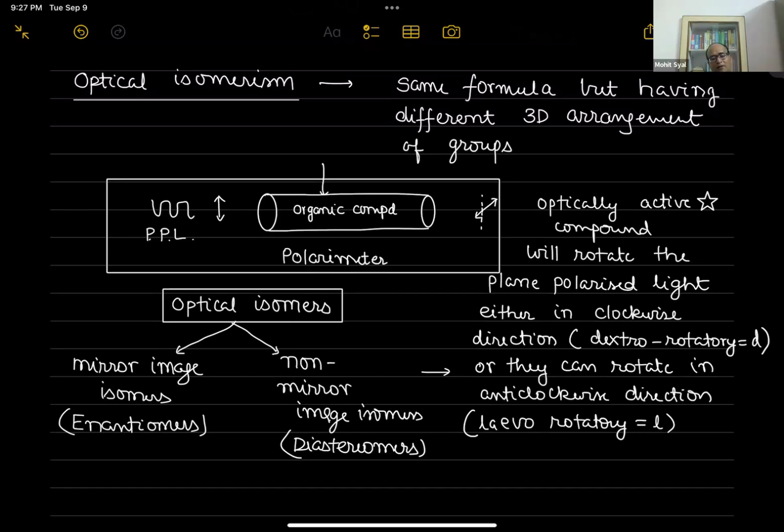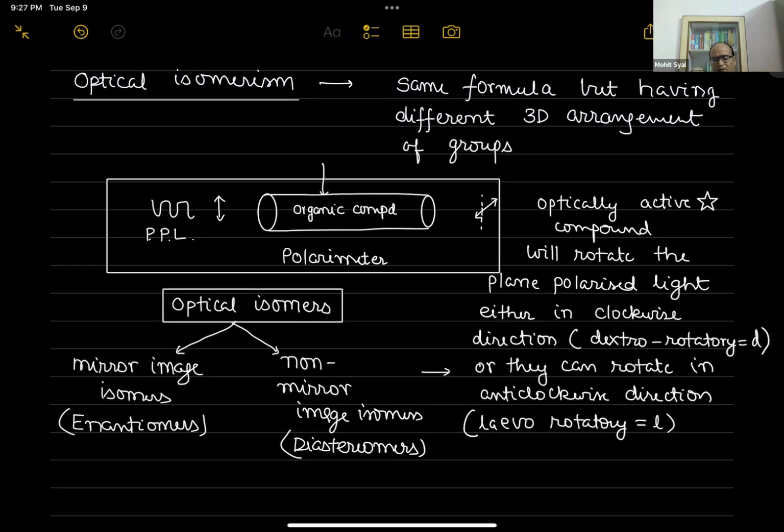So optically active compounds can be either dextrorotatory or levorotatory. The dextro and levo isomers arise because of mirror images. Suppose there are optically active compounds which are mirror images of each other.